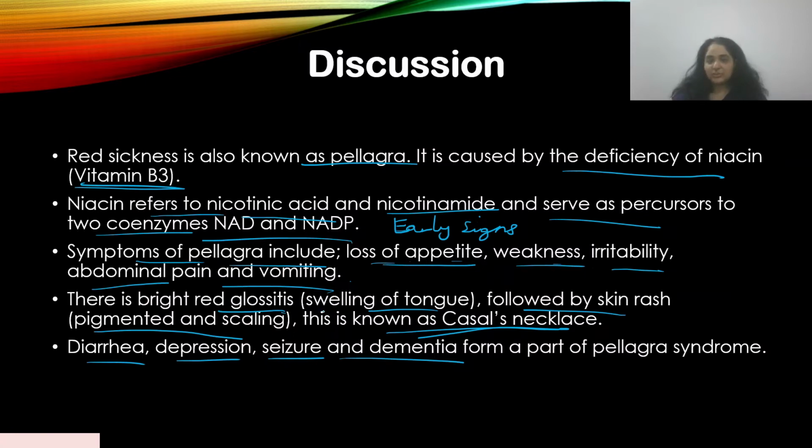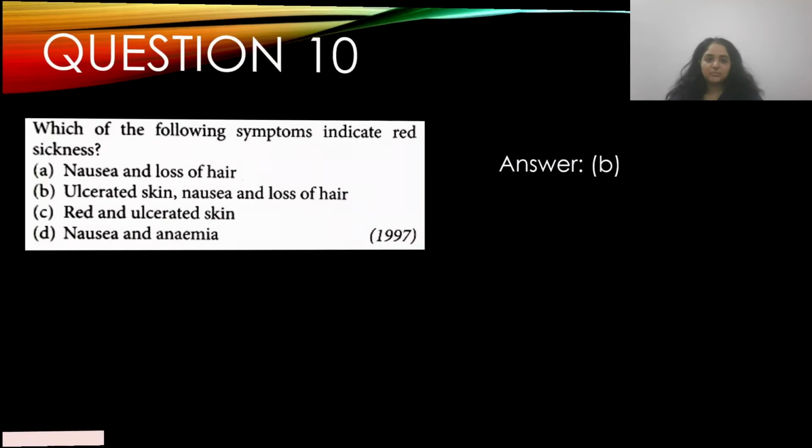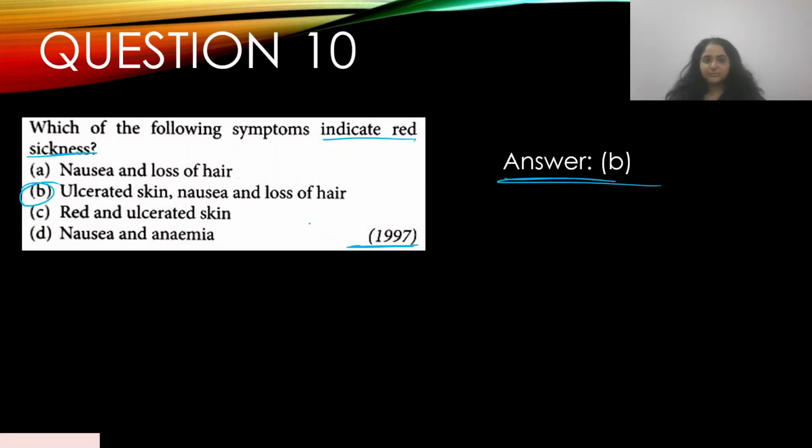It's very important to remember: diarrhea, depression, seizure, and dementia, which eventually leads to death if it gets too serious. Hair loss is also seen in niacin deficiency. So to answer your question, it was ulcerated skin, vomiting, nausea and loss of hair. So B is the appropriate answer for this question. All right, let's move on.